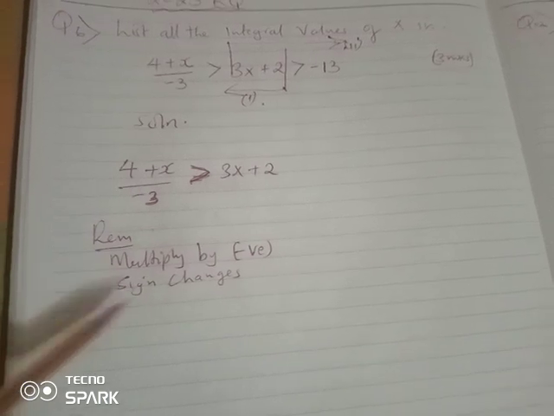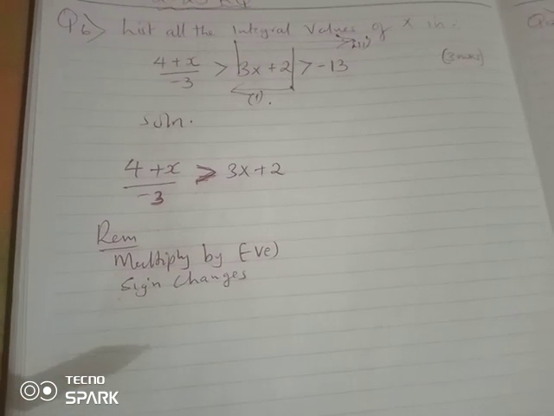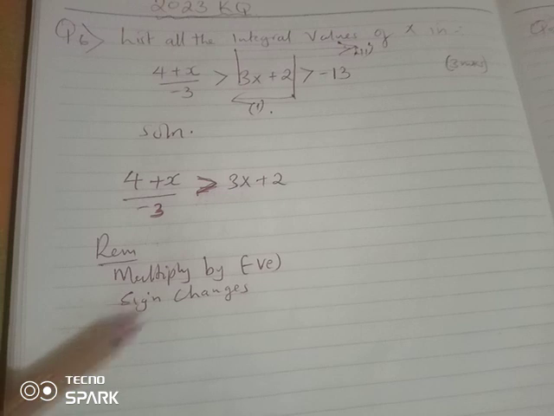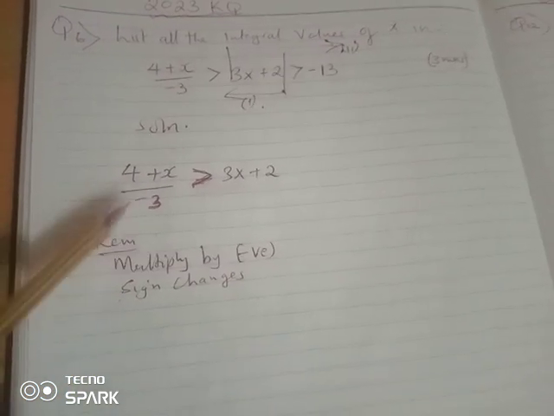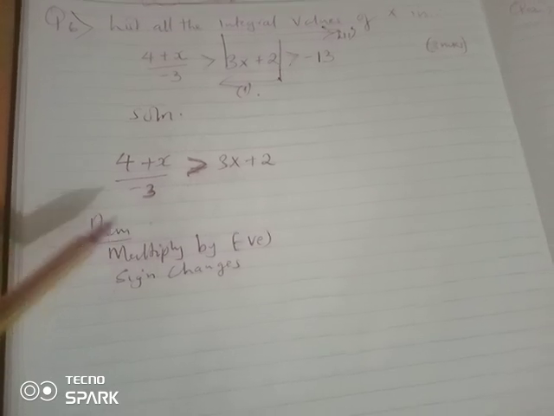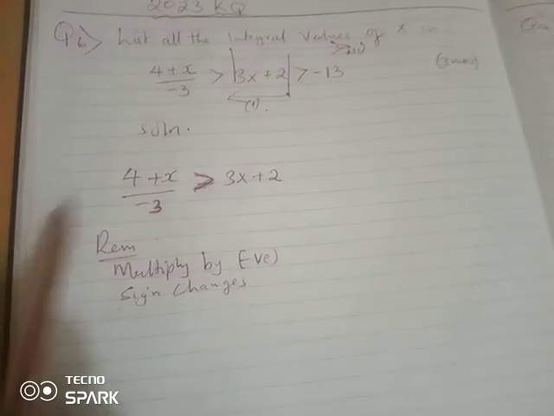And also whenever we divide, so multiplication and division go together. Whenever we divide or multiply by a negative number, the sign will change. And that is what we are going to do here by multiplying both sides by negative 3.